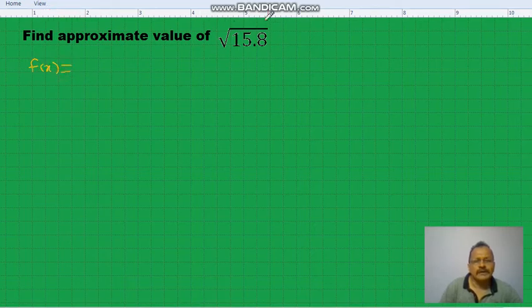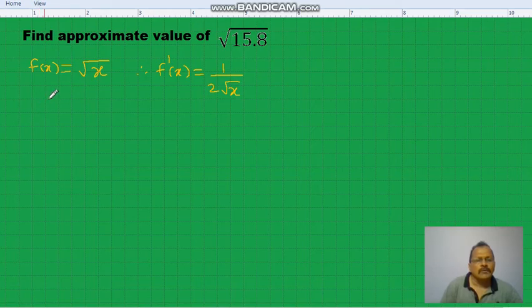Looking at the required value, it is very easy to tell that square root of x is the required function, and therefore f dash x, the derivative of root x, is 1 upon 2 root x.